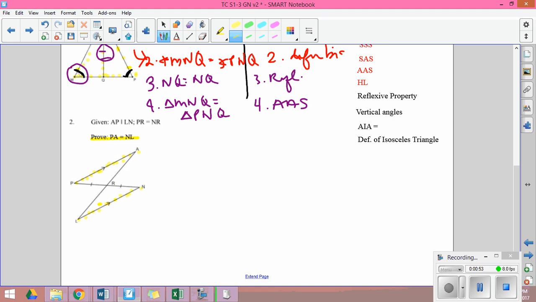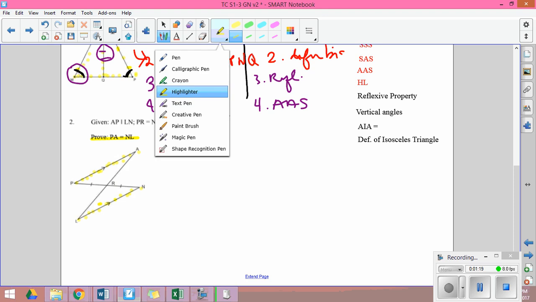Now, if I want segments equal, and I see this picture is built from two triangles, my mind immediately begins to think, well, if I prove my triangles congruent, then I can say those segments are congruent by CPCTC, those corresponding parts of the triangles I just proved congruent. So I kind of formulate a plan before I even put my pen to paper.